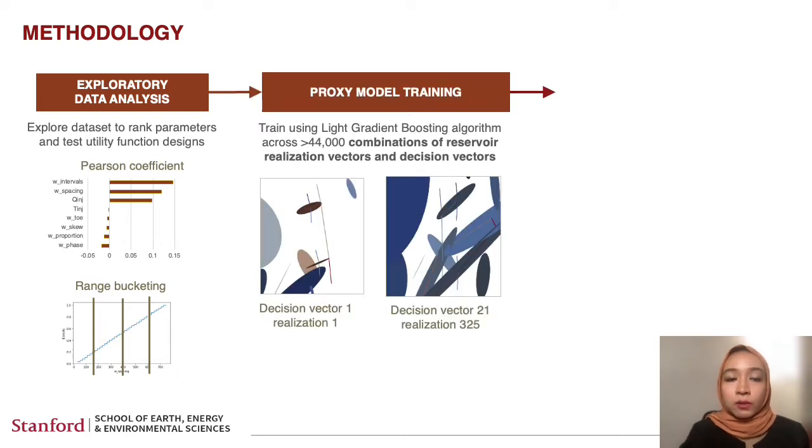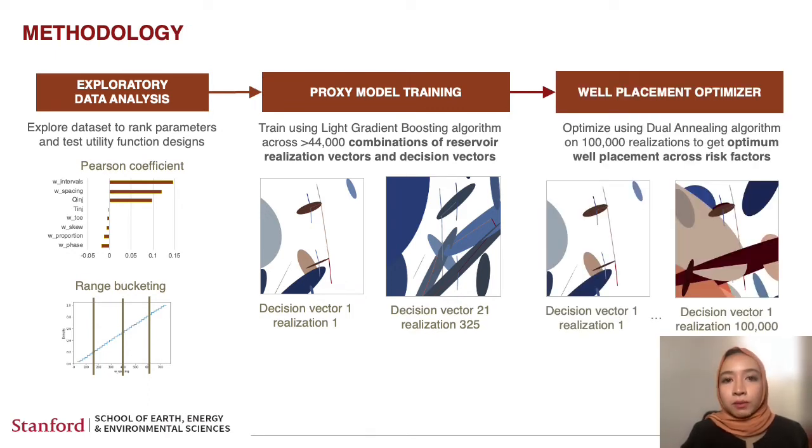For our proxy model training, we trained using the light gradient boosting algorithm across more than 44,000 combinations of reservoir realization factors and decision factors. The goal of this proxy model training is to arrive at a model that is robust and reliable for predicting the power output, so that we can use it for our well placement optimizer, in which we optimize using the dual annealing algorithm on 100,000 realizations to get the optimal well placement across risk factors.